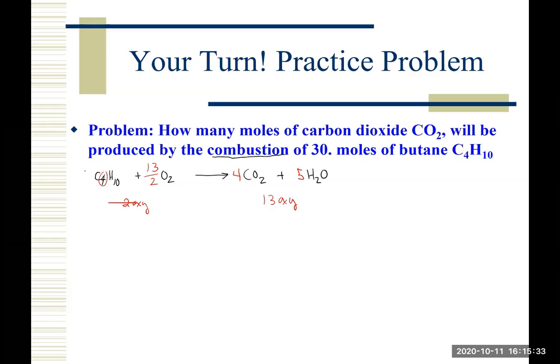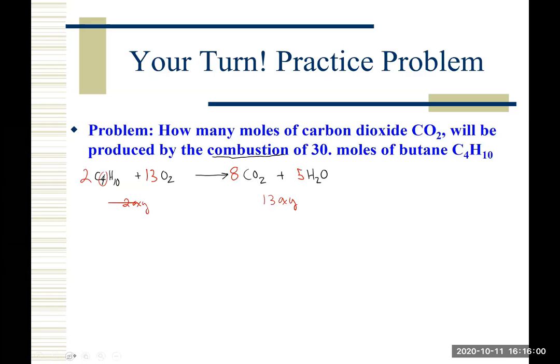So that's going to give us 2 times 1 is 2 out here in front of butane. And 2 times 13 halves is going to give us 13 in front of this O2. And 2 times 4 is going to give us 8 in front of the CO2.